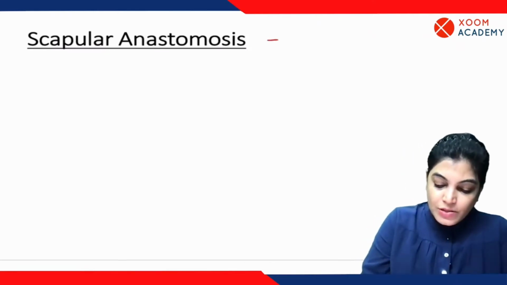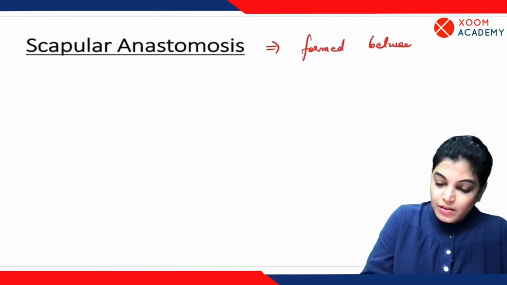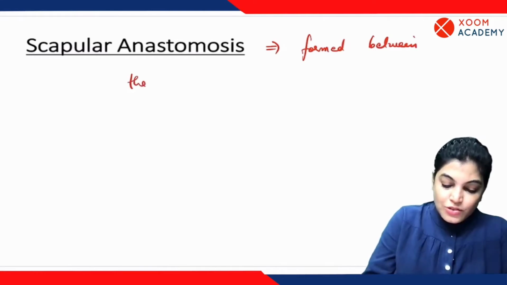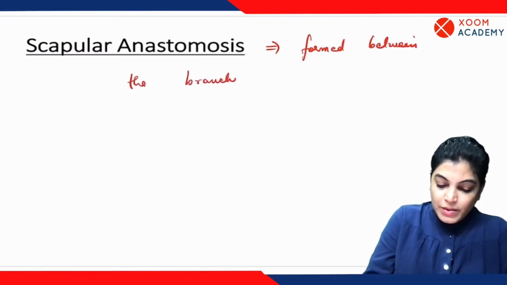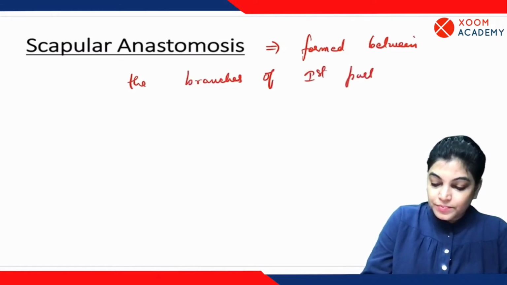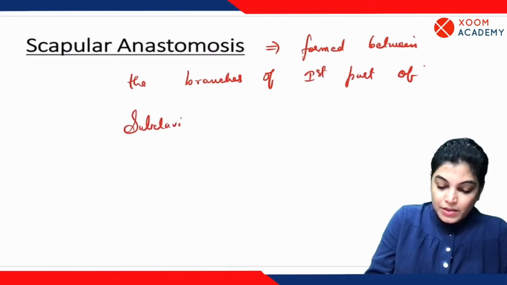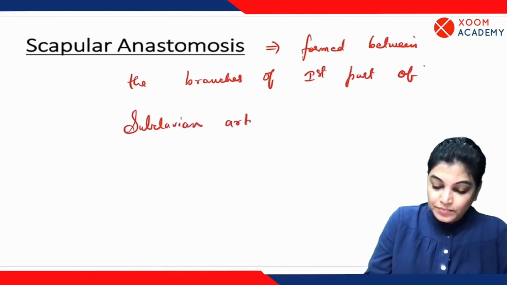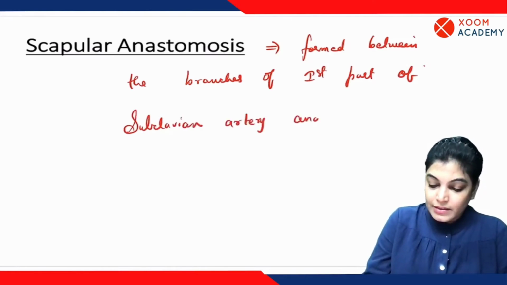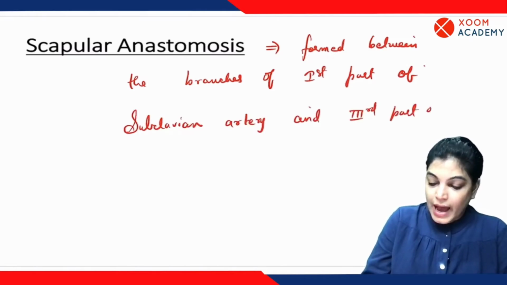So, scapular anastomosis is formed between the branches of the first part of subclavian artery and the third part of axillary artery.